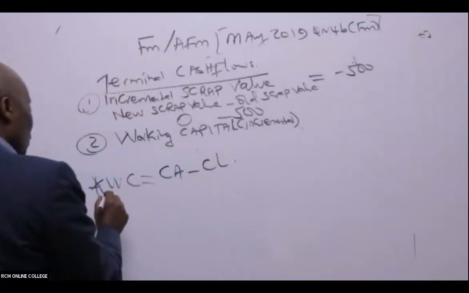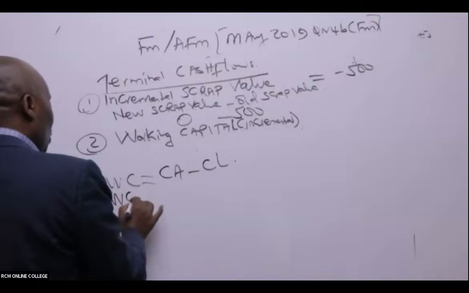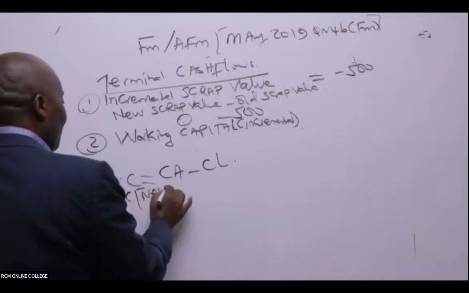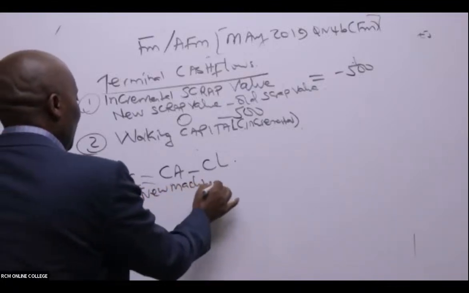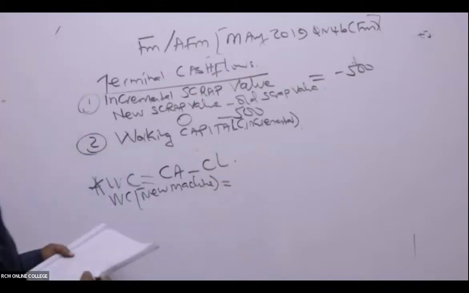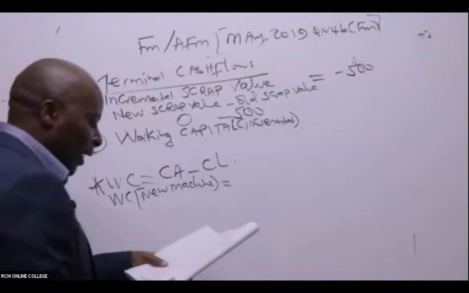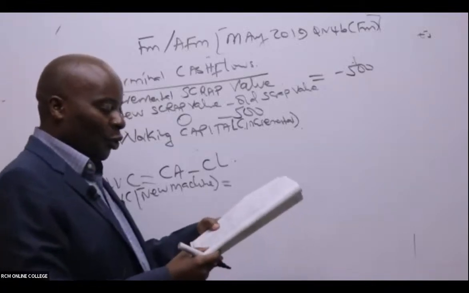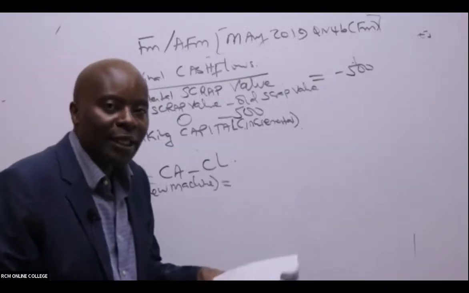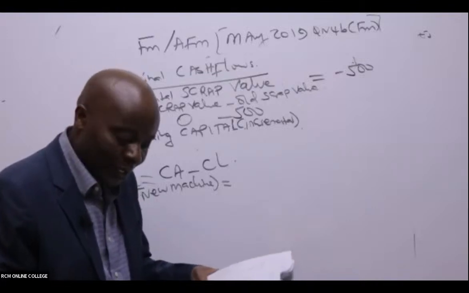So are you able to give me the working capital for the new machine? In this case, they have given me two current assets. I can see in paragraph 3, they have told me the debtors. Debtors are current assets.